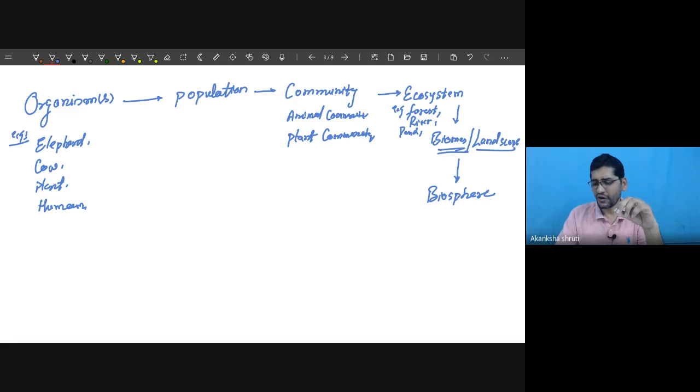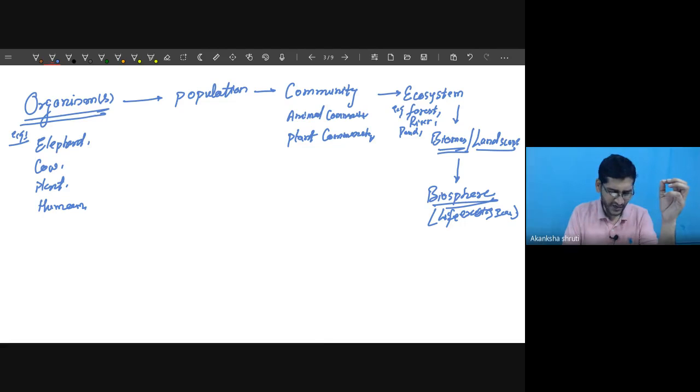If we consider all of those, it is called the biosphere. So it is the whole life-existing zone. This way we have learned how organisms are the fundamental unit and the biosphere is the largest component of our ecology. Okay, student?